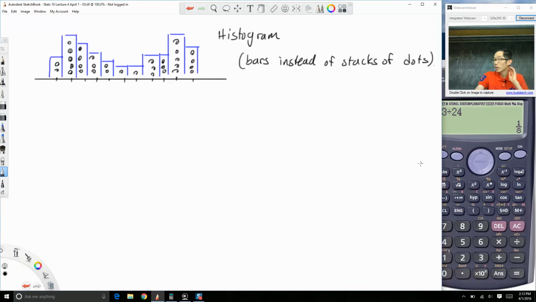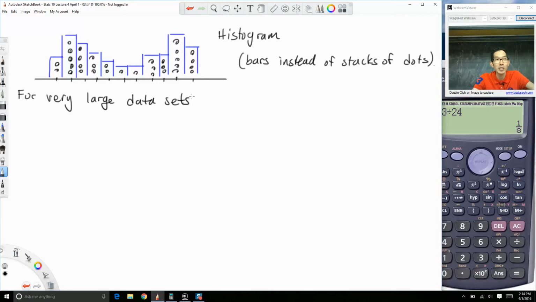But the advantage with a histogram is that if you have a large data set where you've got thousands of rows, you would need to have thousands of dots in your dot plot. So for very large data sets, and I just want to make sure that my printing is legible for everybody still.